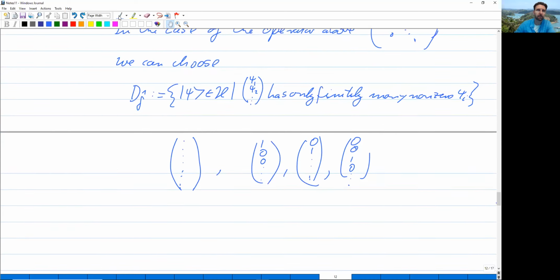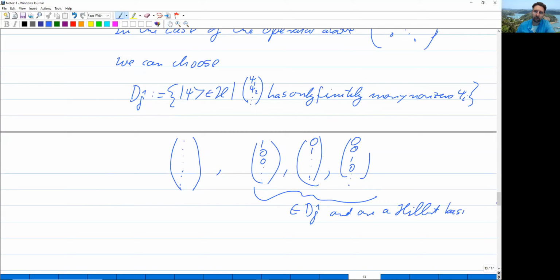So let me say here, because of this, these are all in D(f hat) and are a Hilbert basis, right?